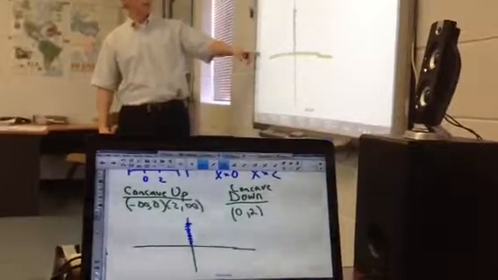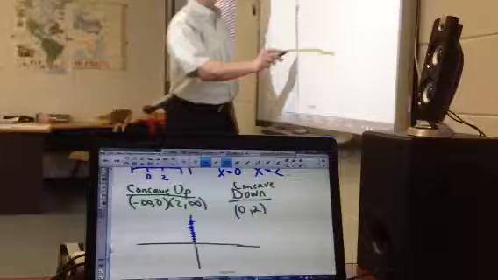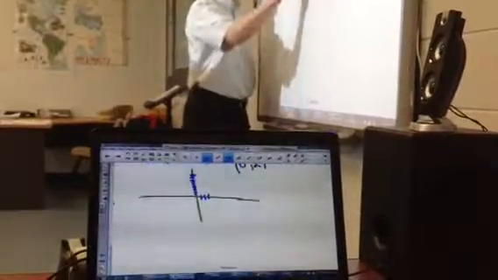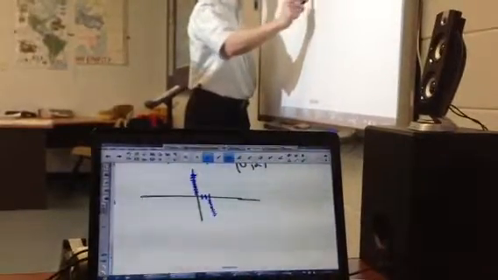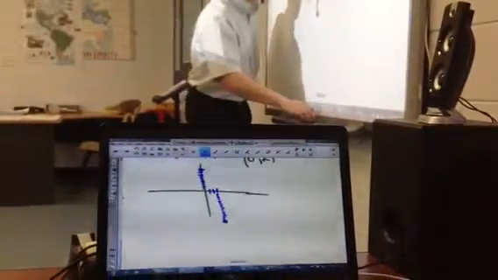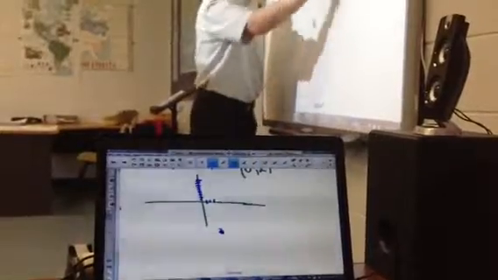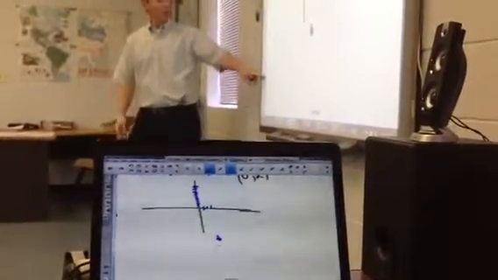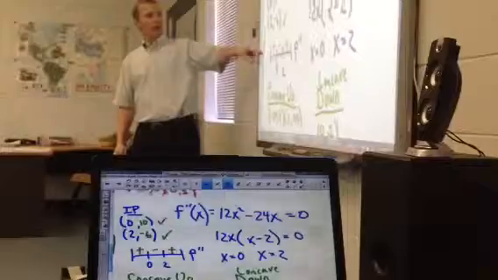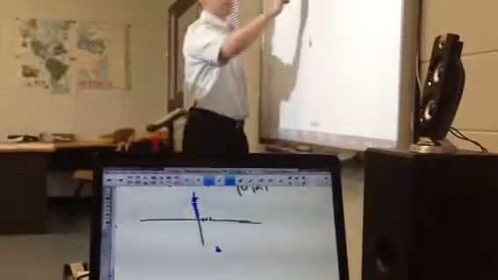And I also have the point 3, negative 17. I also have the inflection point 2, negative 6.